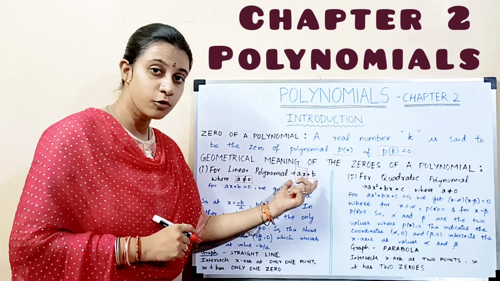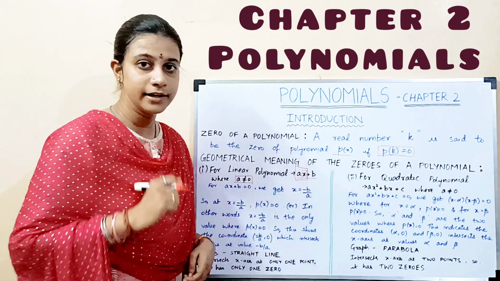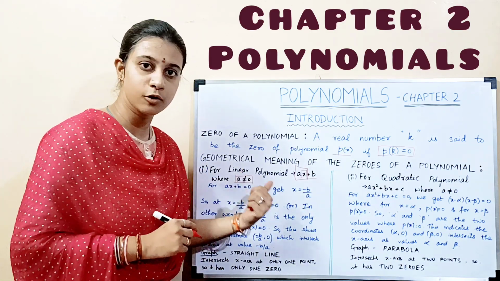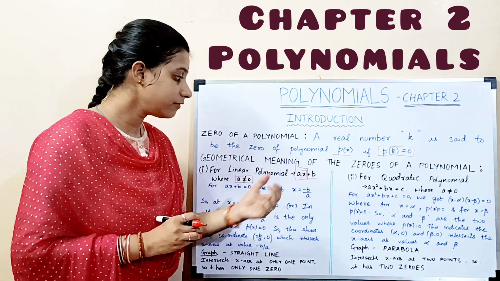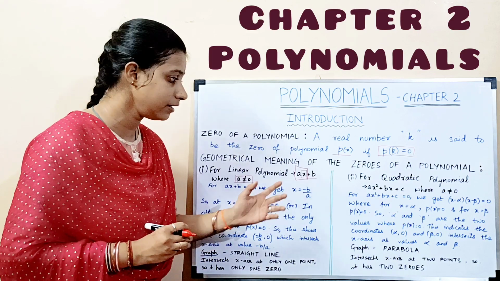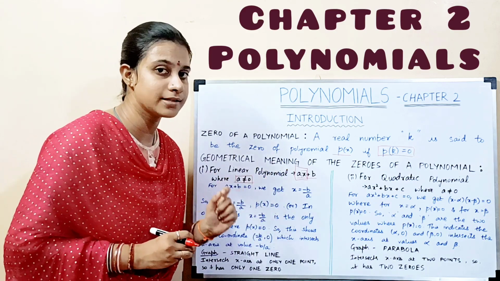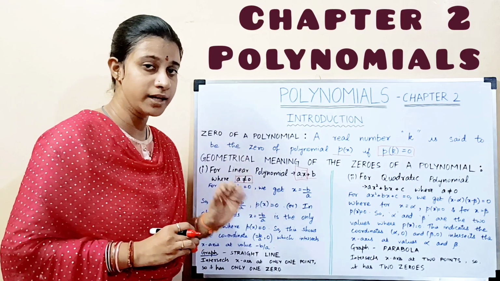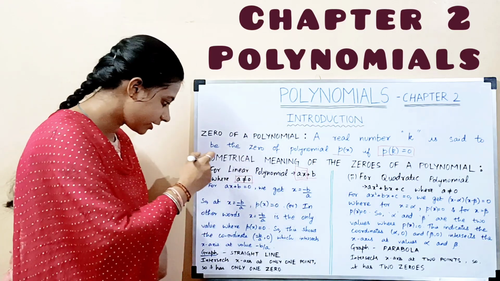Then this will no longer be a linear polynomial. So for every degree polynomial like linear, quadratic, cubic, the variable with the highest power, or the degree of the polynomial, should not have 0 as its coefficient. So now let's continue.